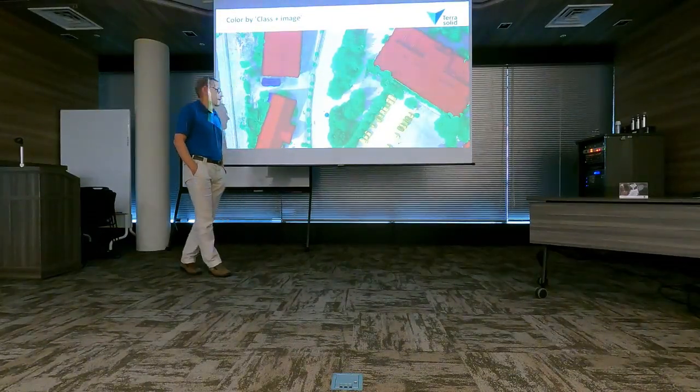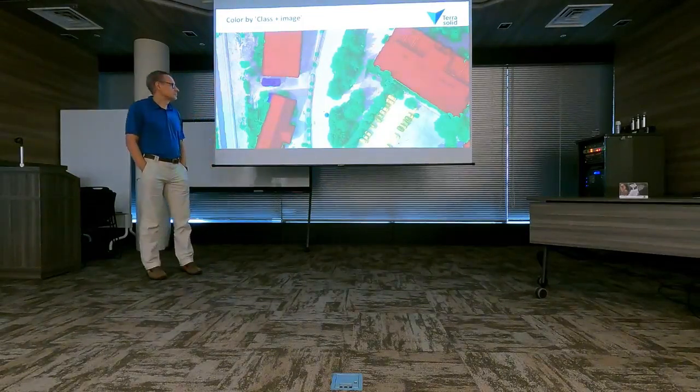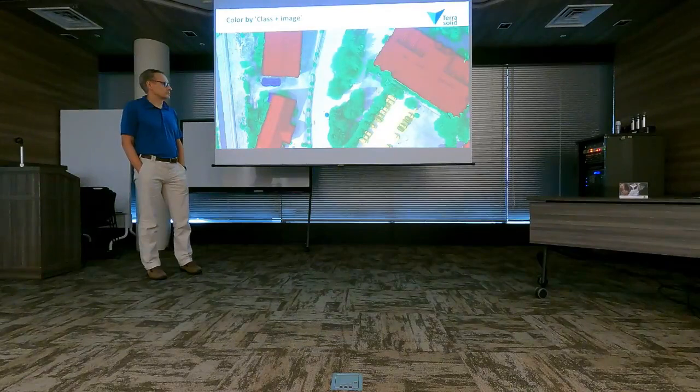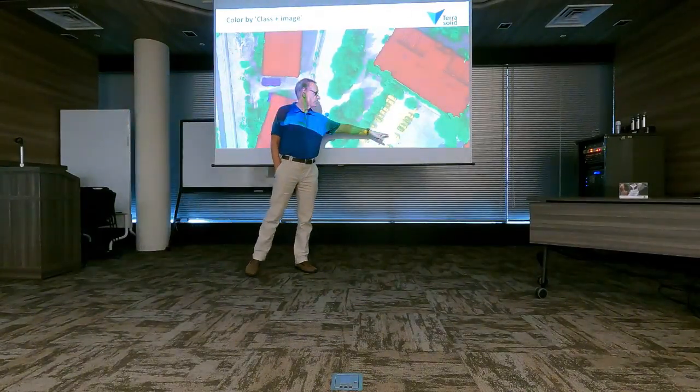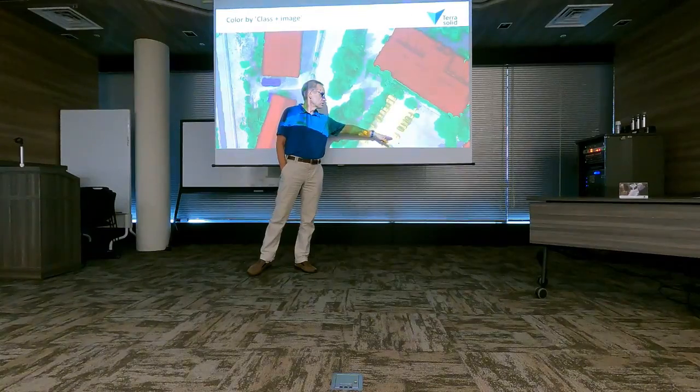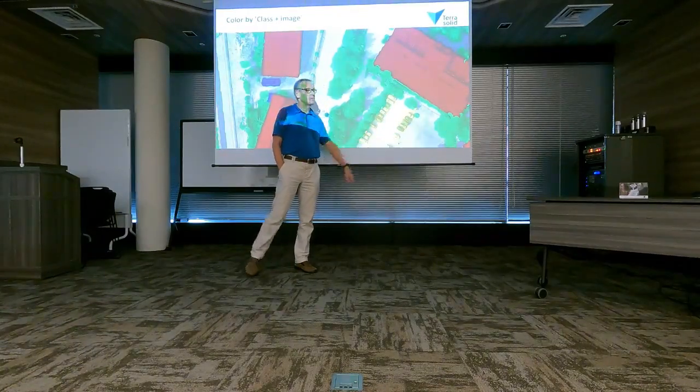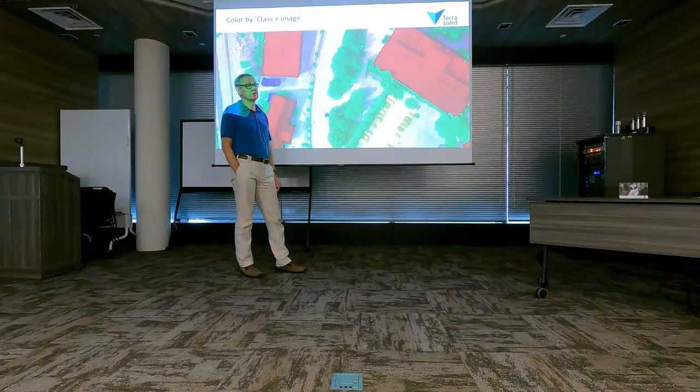The yellow is points classified as car. There's maybe 10, 12 points on each car in the point cloud.